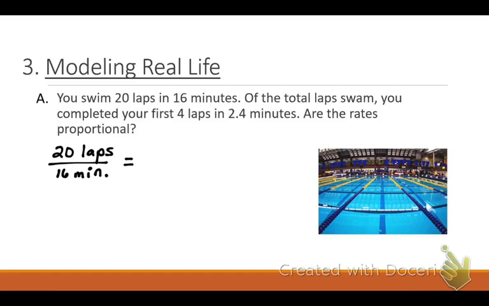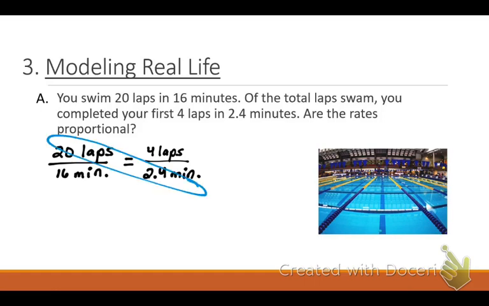What is the other ratio that I'm comparing it to, class? 4 laps in 2.4 minutes. So let's go ahead and use our cross products to find this answer. What should I circle with the 20 laps? 2.4. Okay, 20 laps and 2.4.